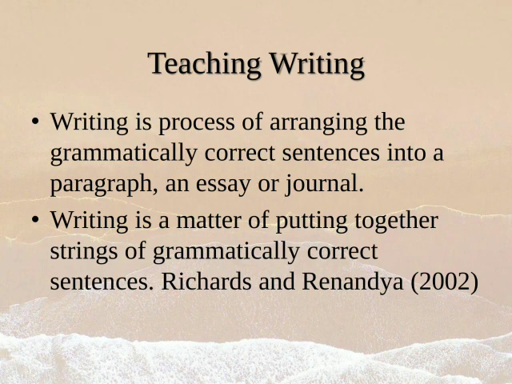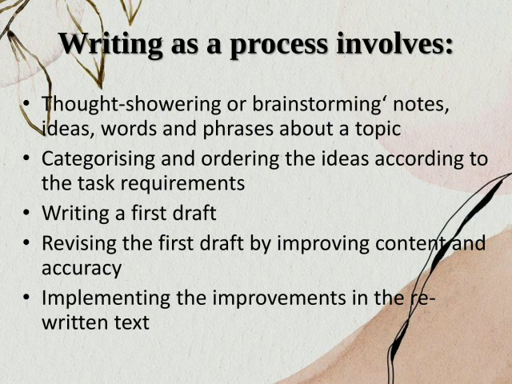And writing as a process involves, first, sorting or brainstorming notes, ideas, words and phrases about a topic, and then categorizing and ordering the ideas according to the task requirement.